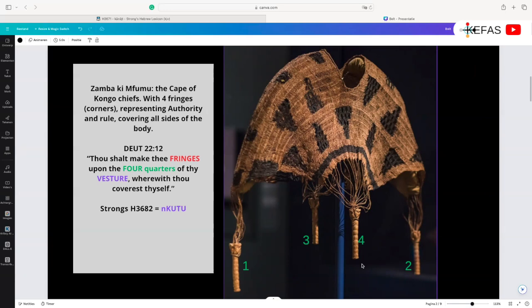He's clothed in the cosmogram, in the Congo Cross. He's wearing the Congo Cross, symbolized and hidden in the fringes, in his clothes. It's amazing. It's a revelation.